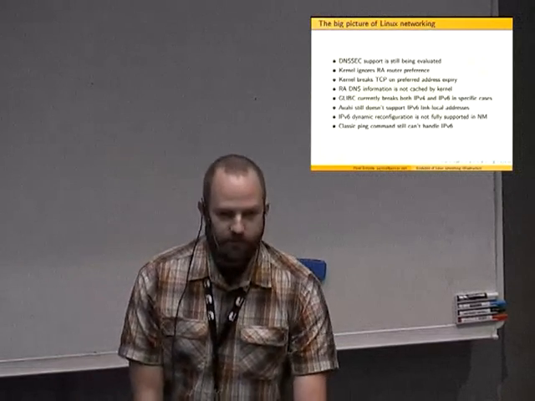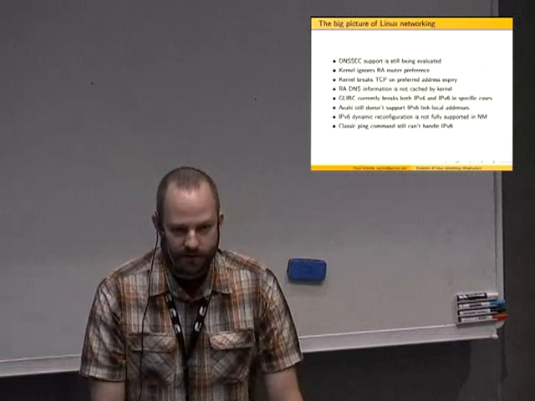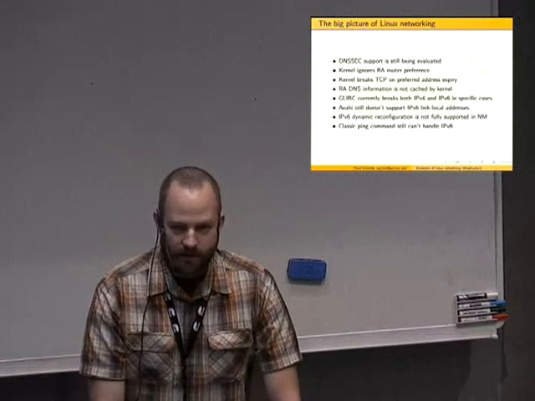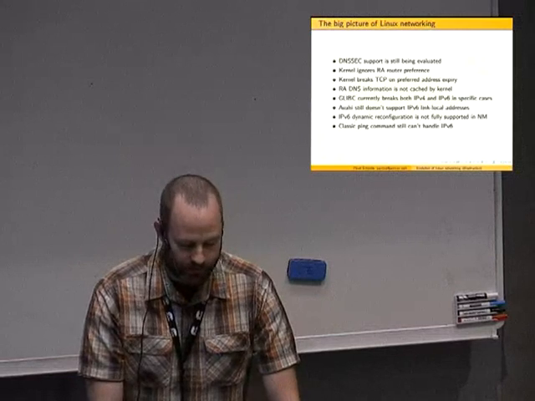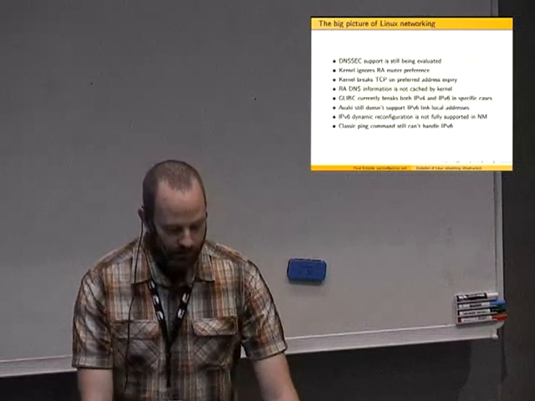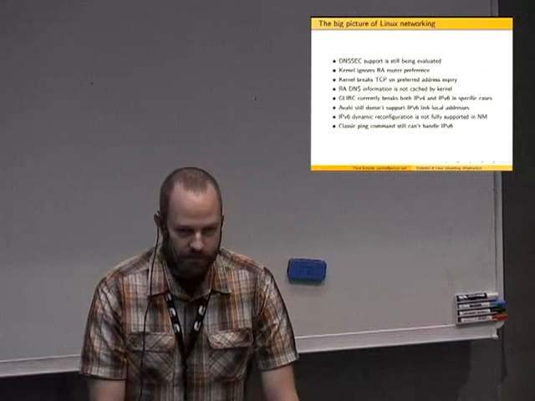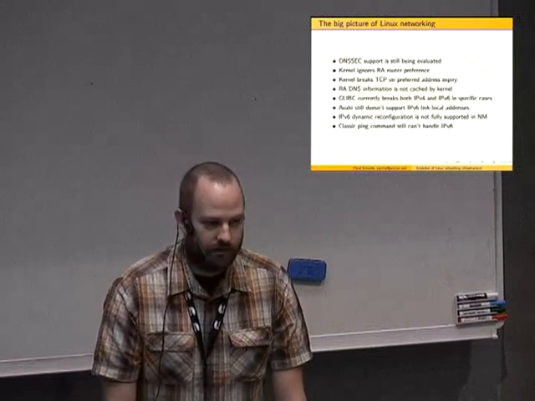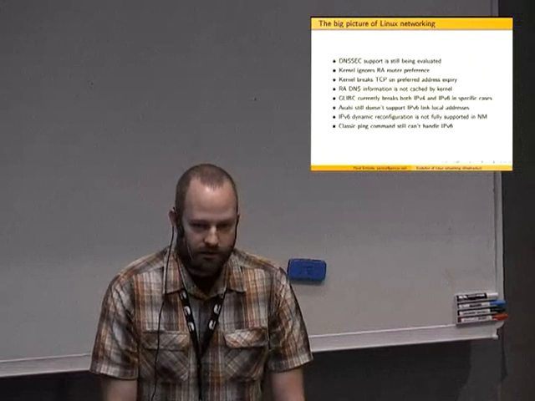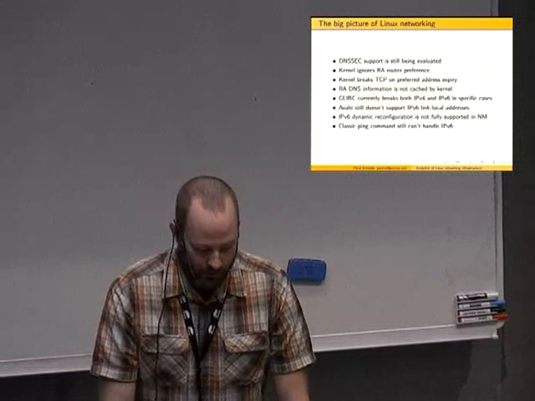So we have problems with DNSSEC because it works, but it does not work with VPNs. It has interoperability problems. We are trying to do IPv6 correctly with the kernel, but that's not possible. We have lots of workarounds to actually get the proper information.